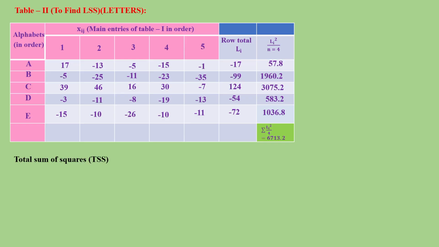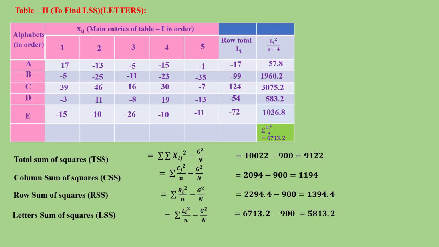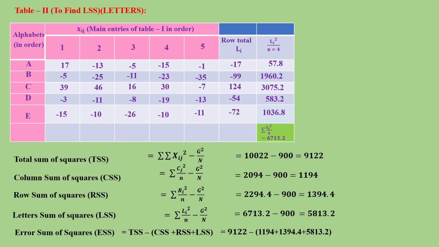So that is wrong. Li square by N is divided by 5, not 4, right? You correct it. So total sum of squares is equal to 9122, column sum of squares 1194, row sum of squares 1394.4, letter sum of squares 5813.2, and error sum of squares 720.4. So in the table, just correct the last column, right?